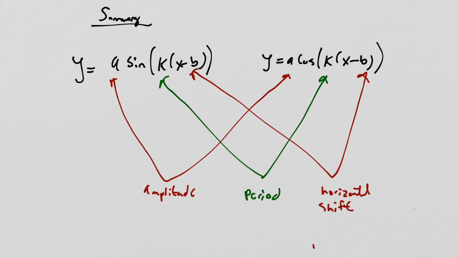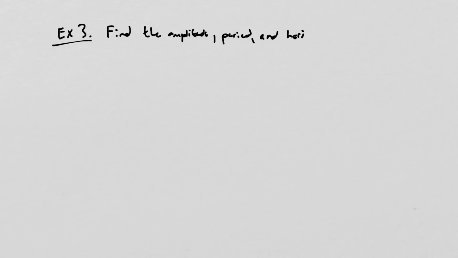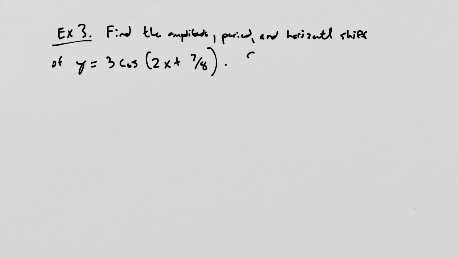Let's use this information to find the amplitude, the period, and the horizontal shift of the following. After we've done this, let's go ahead and sketch the graph.